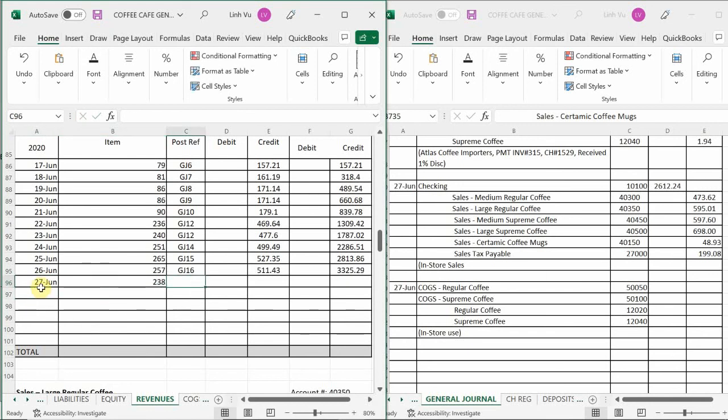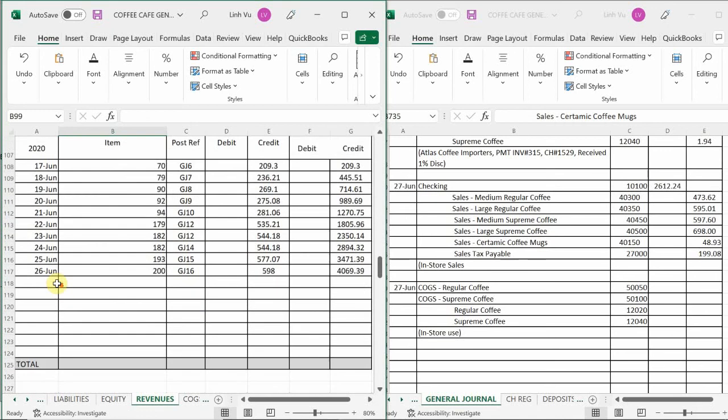Page 18 for 473.62. Okay. That should give you a grand total of $3,798.91.